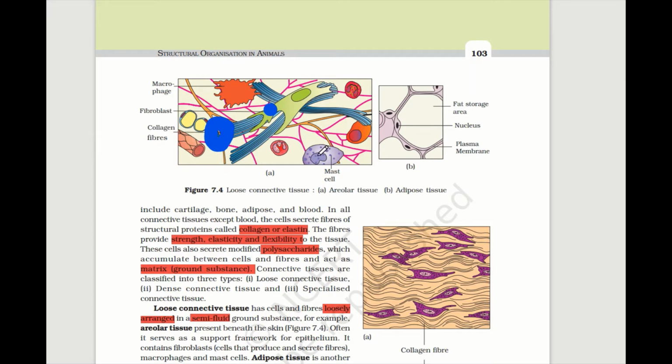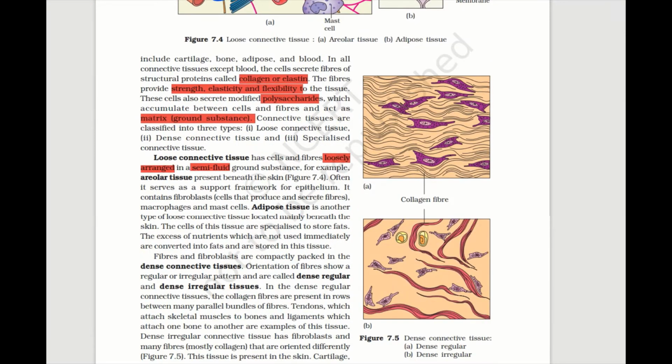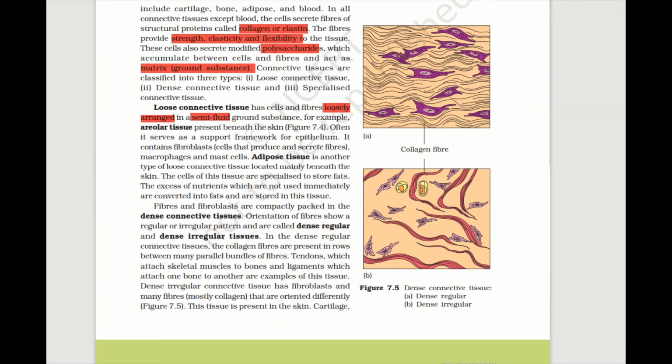So this is your areolar loose connective tissue. It contains fibroblast cells. What does the fibroblast do? It secretes the fibers, either elastin or collagen fibers.